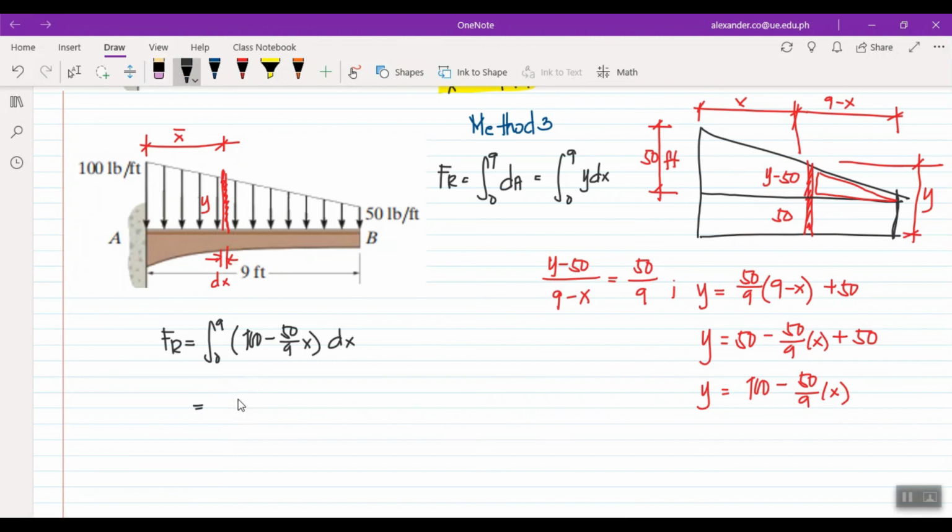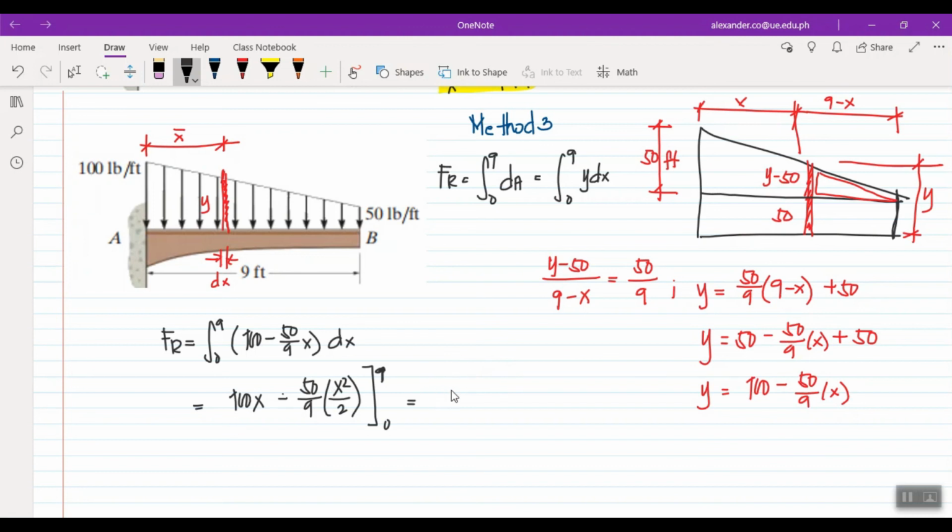So, this is, tama ba? Tama. That's now 100x minus 50 over 9 times x squared over 2, from 0 to 9. Actually, may shortcut sa calculator pero ayaw ko ituro dahil bawal na yung integral calculus calculator sa board exam, no?